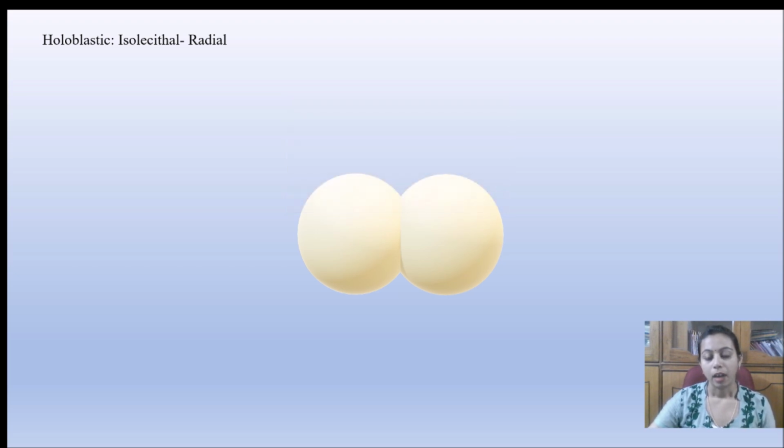After that, cleavage will take place toward this plane, and from two cells, four divided cells, or blastomeres, will be formed. Now we have a 4-cell stage blastomere, and in this case also you can see that all the cells are almost equal in size.